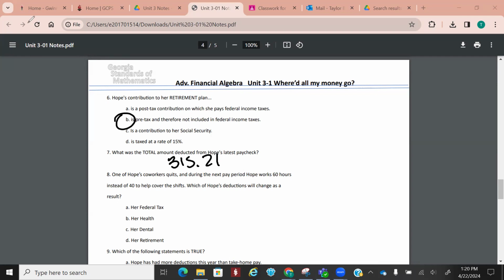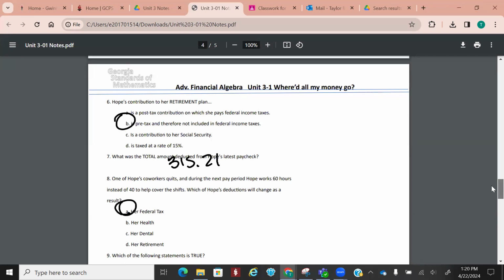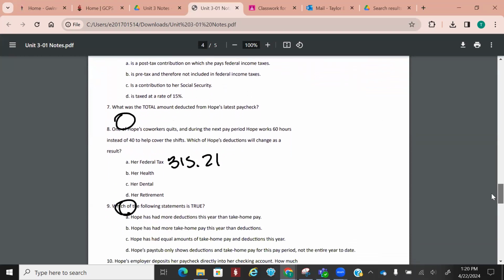And then one of Hope's coworkers quits, and during her next pay period, Hope works 60 hours instead of 40. Which of Hope's deductions will change as a result? So she's making more money, which means that her federal tax is going to be more because it's based off of a percentage, not necessarily a stagnant or a steady number.